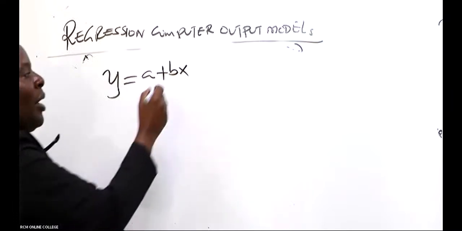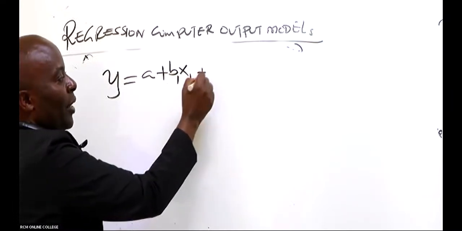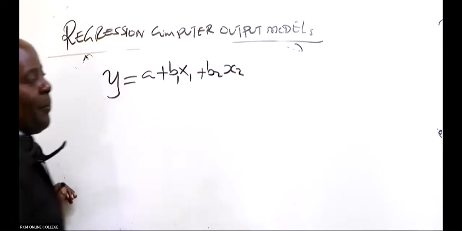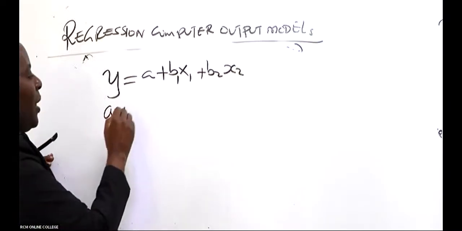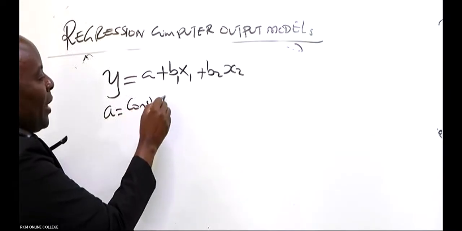But now remember, we have two of them, so b1 x1 plus b2 x2, like that.